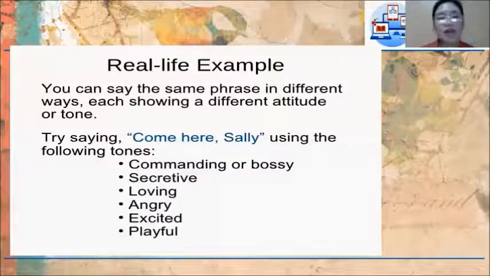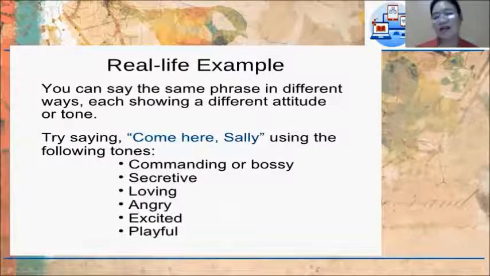Now I have here a real life example of tone. Now, you can say the same phrase in different ways, each showing a different attitude or tone. Now, let's try saying, "Come here, Sally," using the following tones. Okay? So, for commanding or bossy, you can say, "Come here, Sally." So that is commanding or bossy.